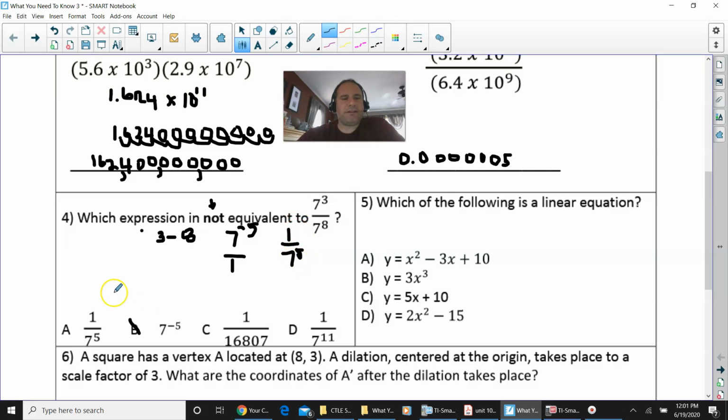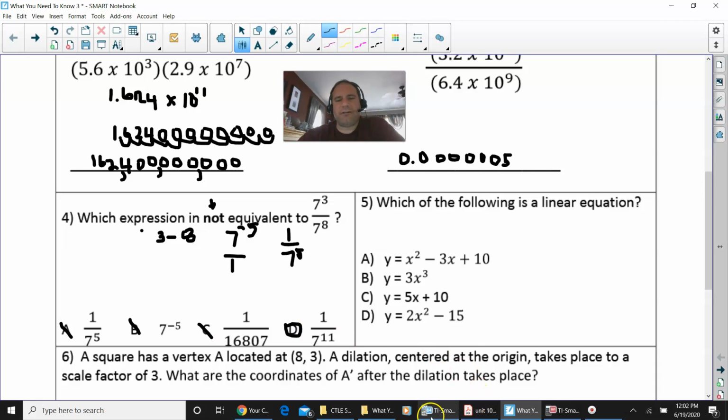So 1 over 7 to the 5th is equal to that as well. That's out. Now, I'm thinking 7 to the 5th is this number here. And I know that 7 to the 11th is not this. So this is the one that's not equivalent. And this is out.